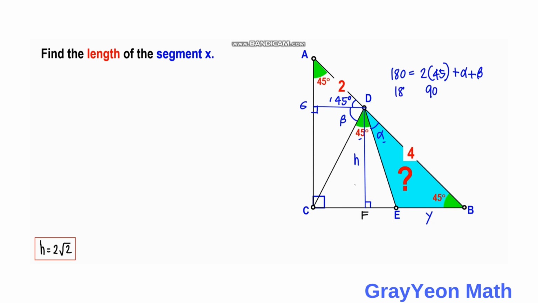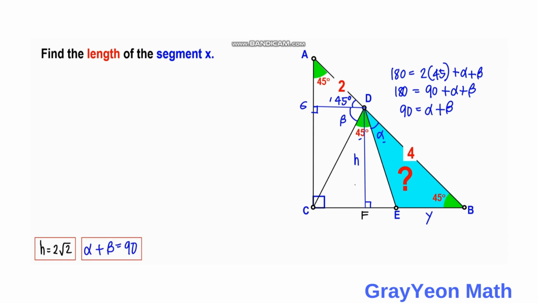So 180 is equal to 90 plus alpha plus beta, and 180 minus 90 is 90. So this is alpha plus beta. This will be our setup: alpha plus beta is 90, or they are complementary angles.